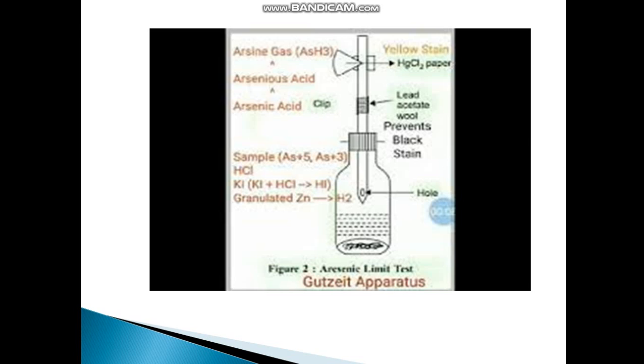In the upper part of the tube, there is a hole where a paper moistened with mercury chloride is placed. Stepwise reaction takes place gradually in the upward direction. Lastly, arsine gas is produced. It gives a yellow stain on the paper.